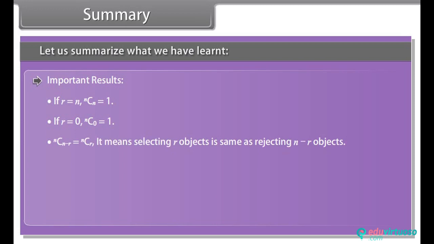It means selecting r objects is the same as rejecting n minus r objects. nCa is equal to nCb. It means a is equal to b or a is equal to n minus b. That is, n is equal to a plus b. nCr plus nC(r minus 1) is equal to (n plus 1)Cr.